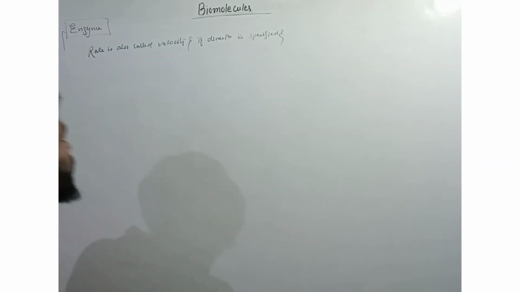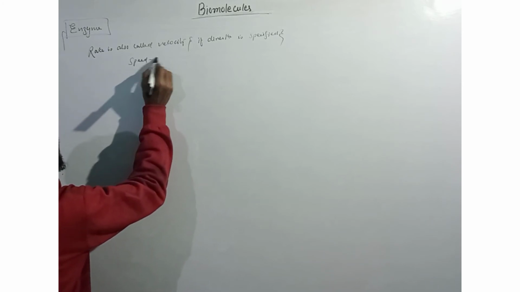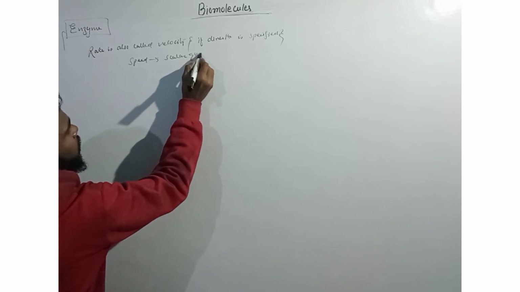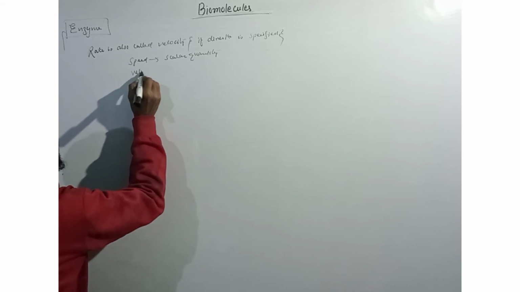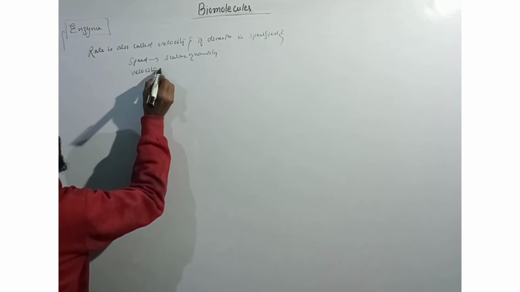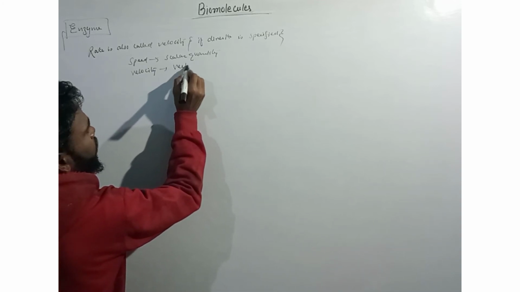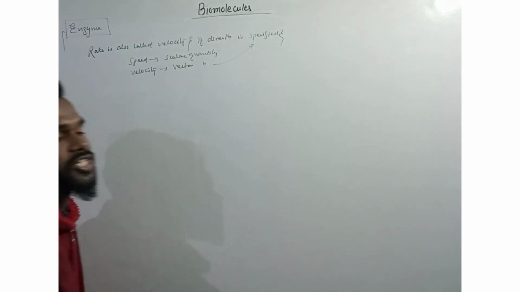For example, speed is a scalar quantity, but velocity is a vector quantity, so it has a specific direction.